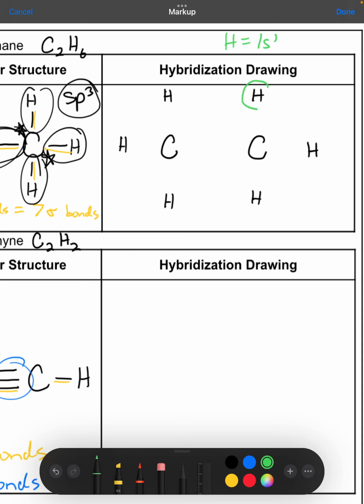And I'm going to represent it with these little green circles. Hydrogen has 1 electron that floats around it at any given time, so I'm just going to draw those like this.